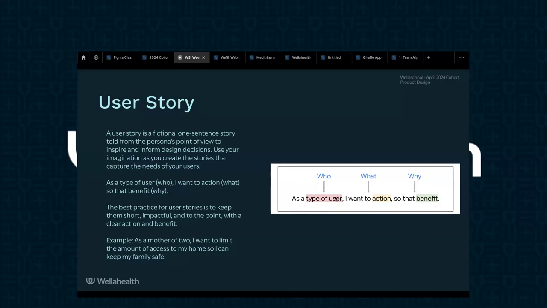So, as a fisherman living in Makoko, I want to have a constant source of lighting so that my child can be able to read at night so that they pass exams, right? So that is the type of user, what they want to achieve, and why that is important to them. I've given another example here: as a mother of two, I want to limit access to my home so that I can keep my family safe. That's user stories.